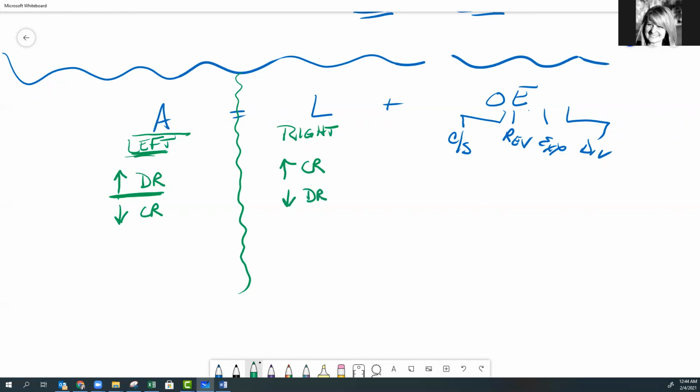So once again, it doesn't matter what liability it is, whether it's accounts payable, salaries payable, rent payable, unearned revenue, notes payable. If it's a liability, liabilities appear on the right side of the equal sign, so therefore they're going to go up with the thing that's always on the right, which is a credit, and therefore down with a debit.